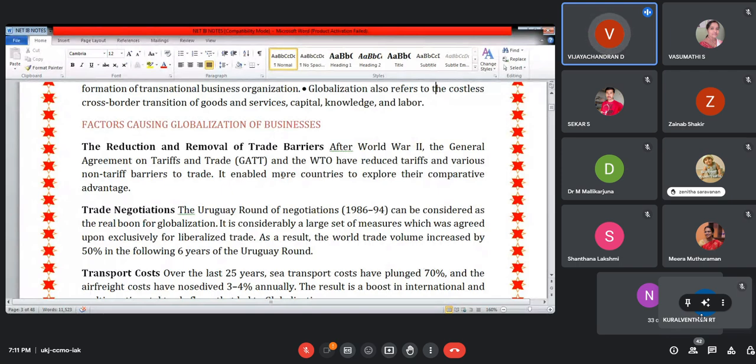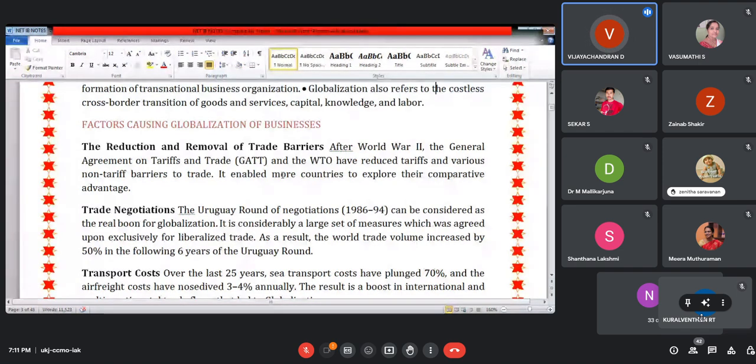I told the first reason, LPG, that is elimination of barriers in international trade. Due to the elimination of barriers, I told you two barriers, the tariff and the quota system. I will tell you what a tariff and a quota are. Kindly note so that things will be very easy to understand.